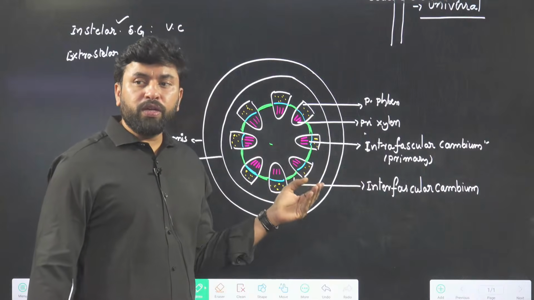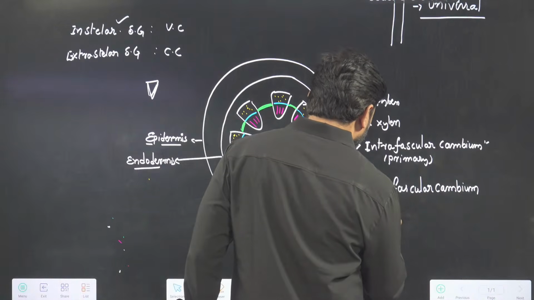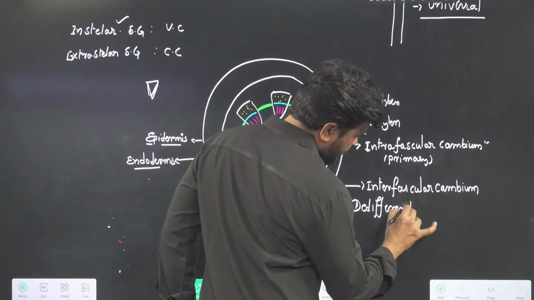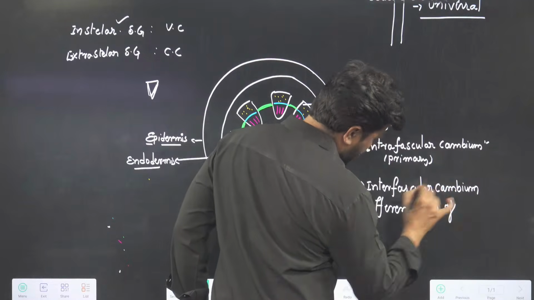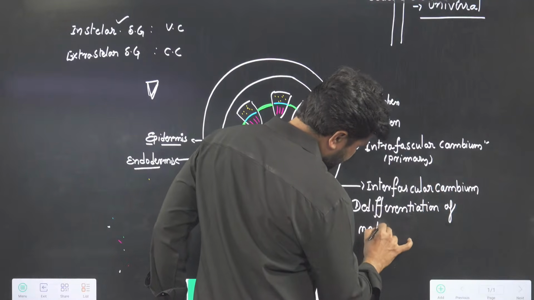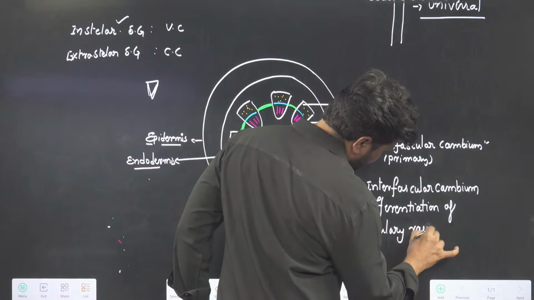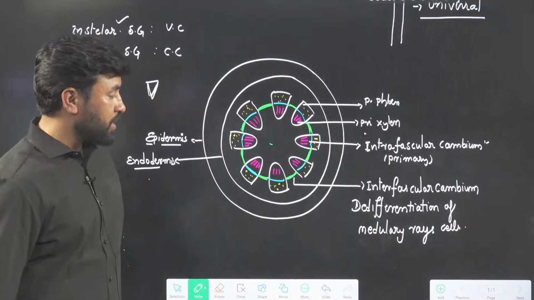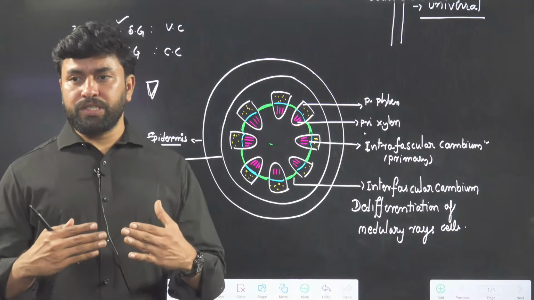One band is already present in between the primary xylem and primary phloem. One band is newly formed. From where? It is formed from dedifferentiation of medullary ray cells. The word should be particular, perfect: dedifferentiation.